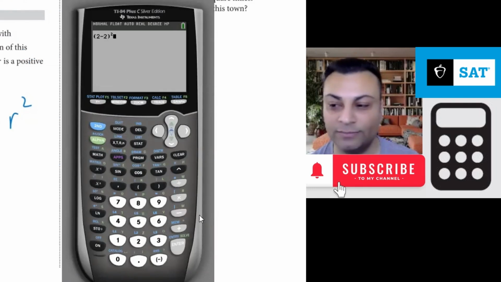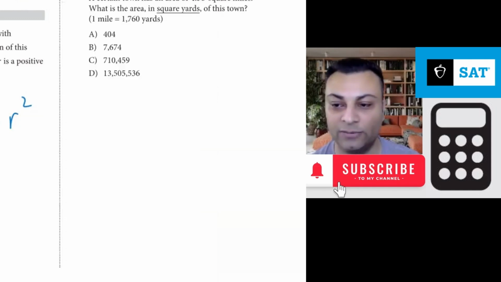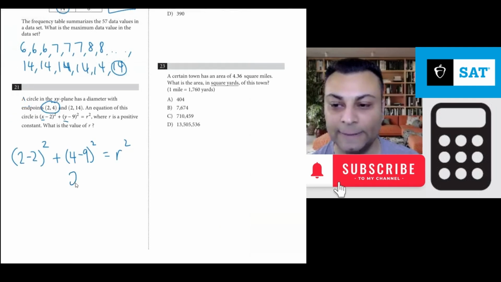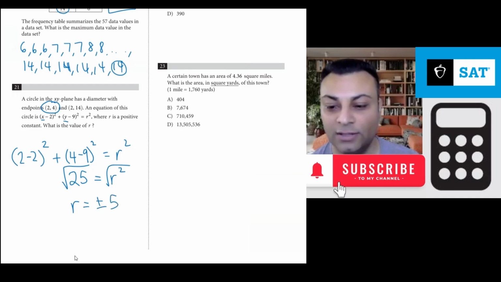I know it's 0, but let's just keep going. 4 minus 9, close it up, squared, and you get 25. So we have 25 equals r squared. Then you square root both sides, and you get r is plus or minus 5.